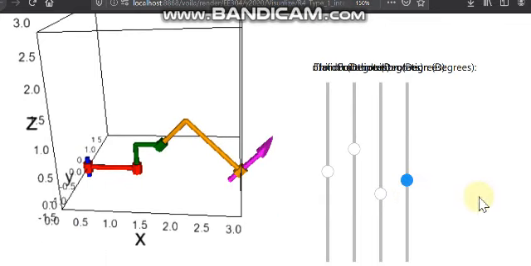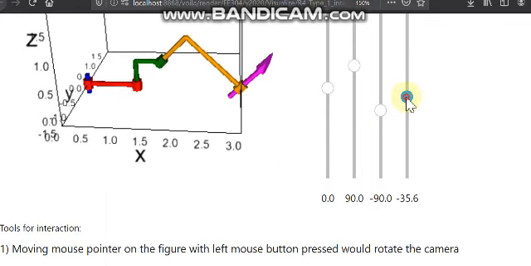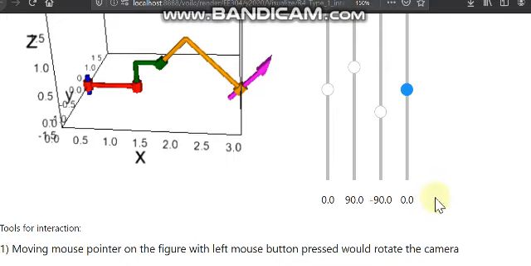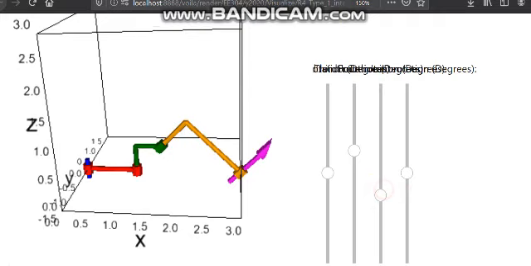So this theta 4 also we will keep at 0 and make changes only to theta 3. Let us see what happens. So here are the small changes to theta 3.